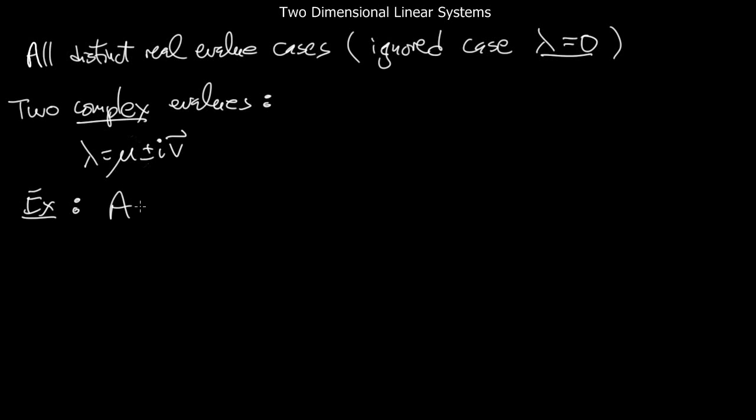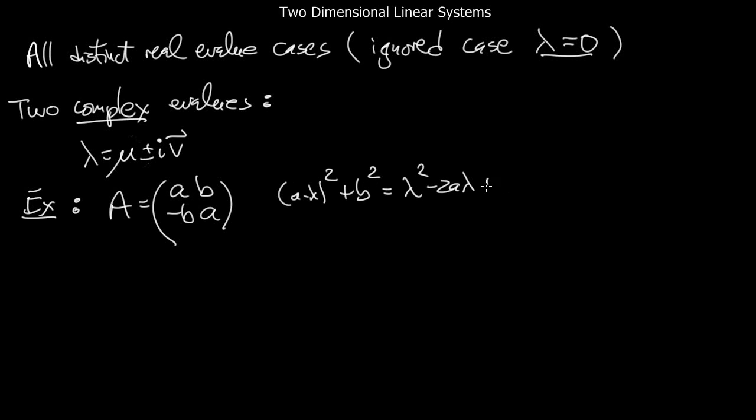Let's suppose that A is the matrix [a, b; minus b, a]. What are the eigenvalues of this matrix? Well, the characteristic equation is this, and if you work it out using the quadratic formula, you'll see that the roots are lambda equal to a plus or minus ib.